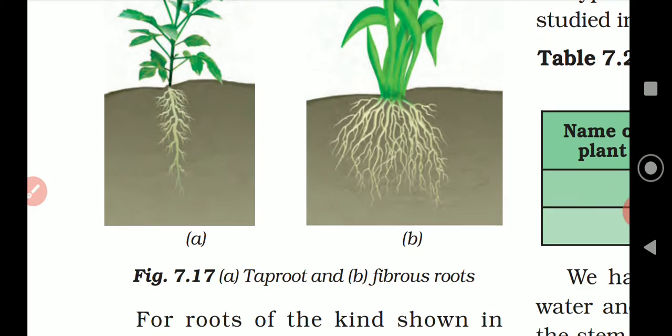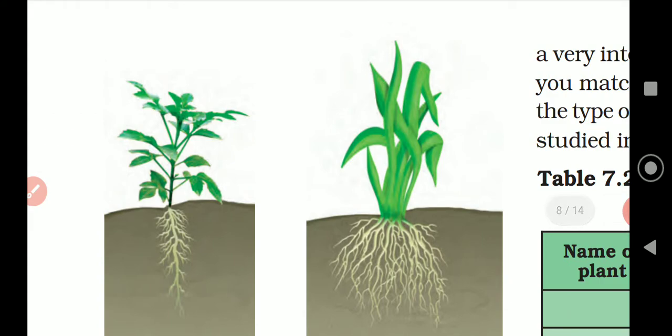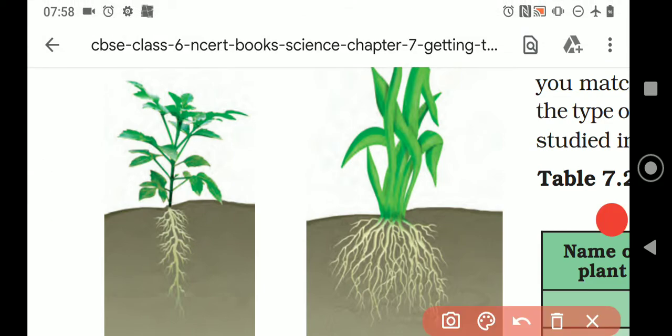Here you can see the tap roots and the fibrous roots. So children, very easily you can recognize the difference between the two roots. Here there is a main root and there are lateral roots. These are the side roots or lateral roots, and the main root is thick and long and the side roots are short.